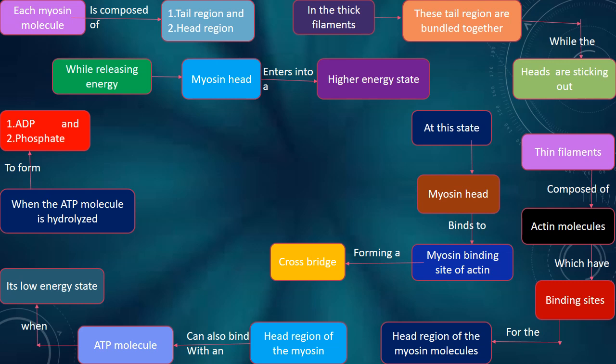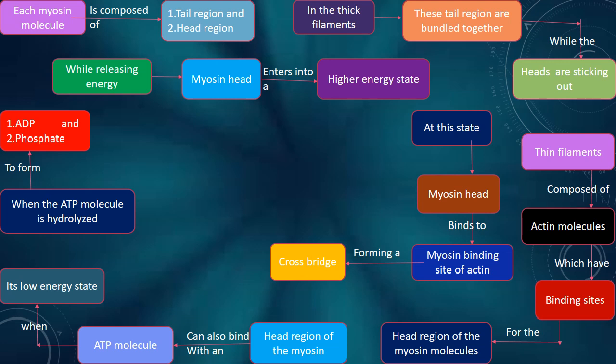In the thick filaments, these tail regions are bundled together, while their heads stick out. Thin filaments are composed of actin molecules, which have binding sites for the head region of the myosin molecules.